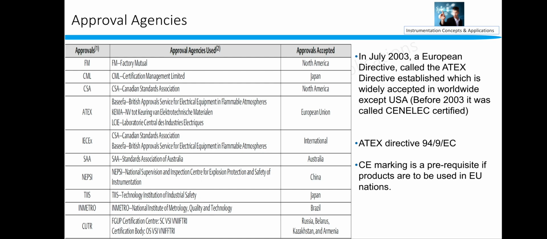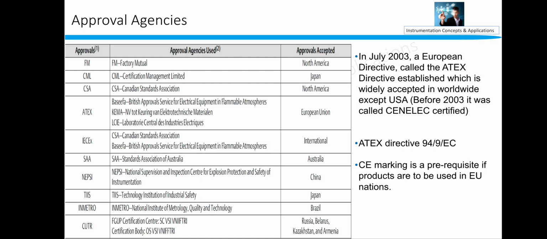For example, Factory Mutual FM approval is required in North America only, CML, Certification Management Limited, is followed in Japan, and CSA, Canadian Standards Association, is very much in practice in America and Canada.